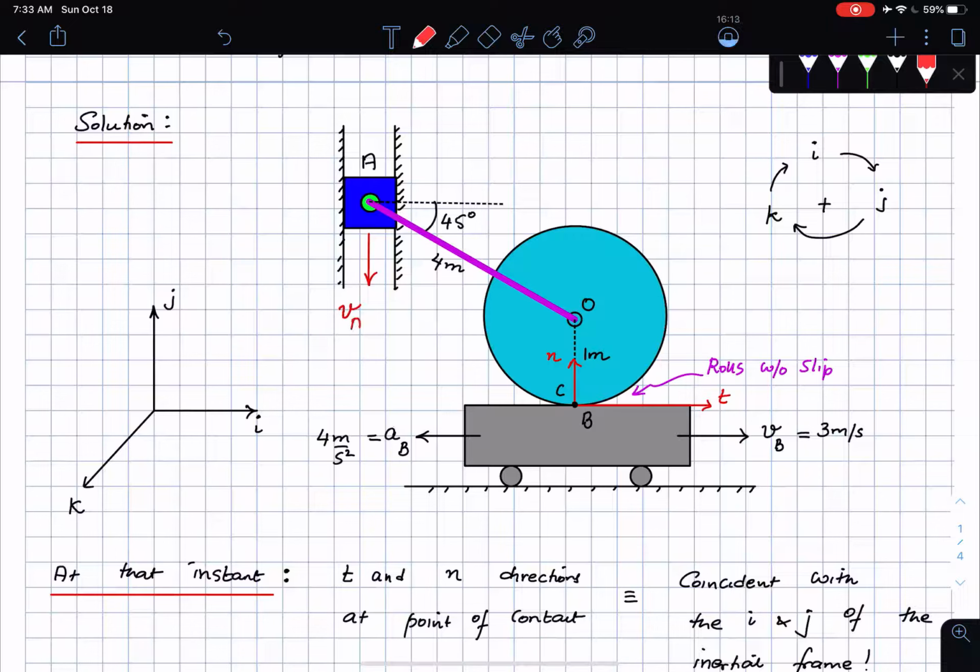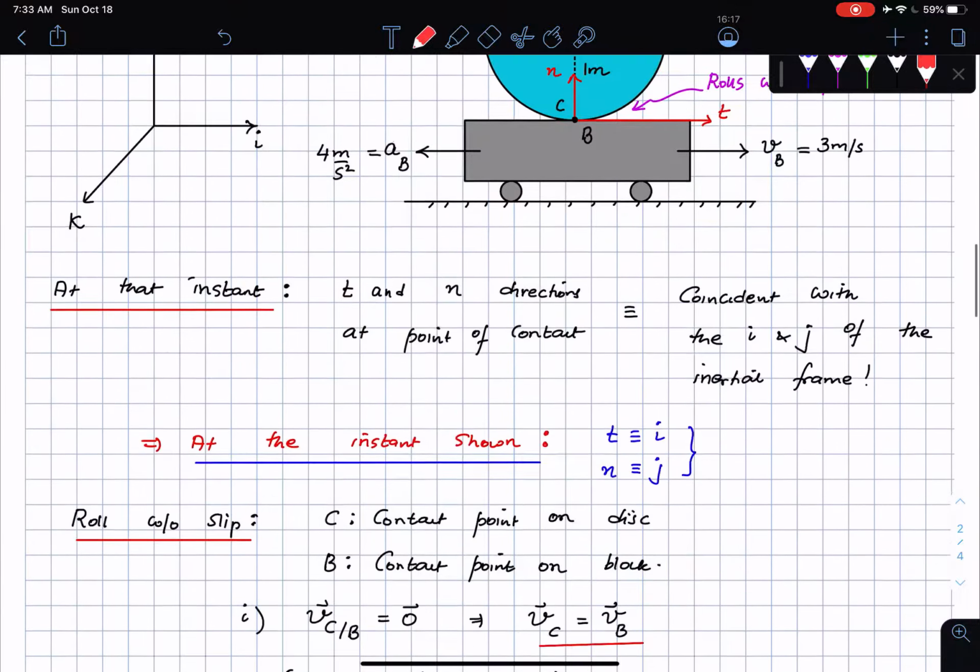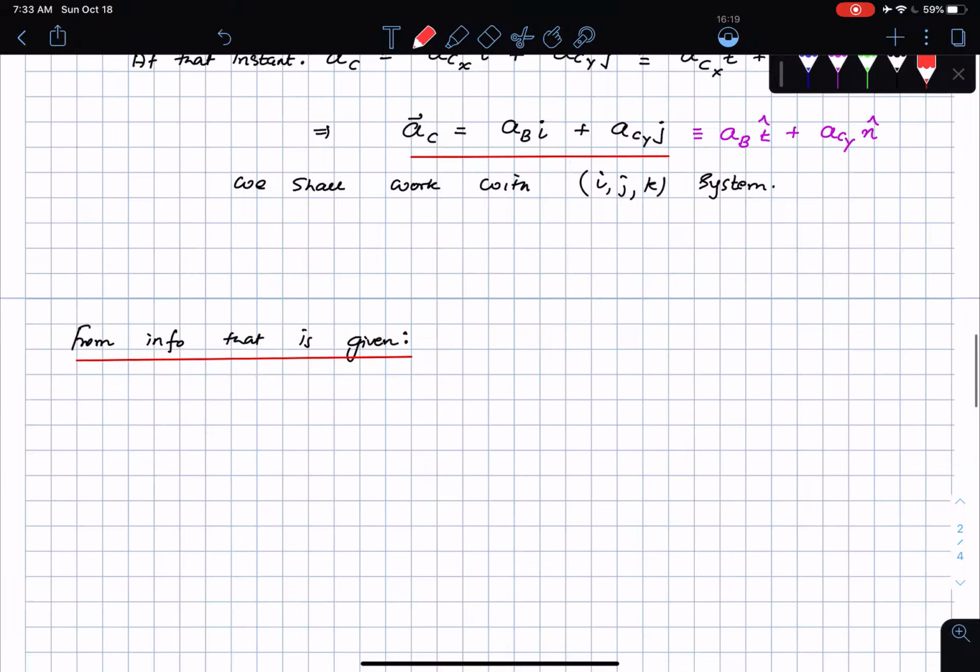So velocity of A is 6 meters per second. I'm going to write that down here. So I know that velocity of A is 0I minus 6j meters per second. And since the slider is moving at a constant rate, you're told this in the problem statement. You can take a look at the beginning of the problem.